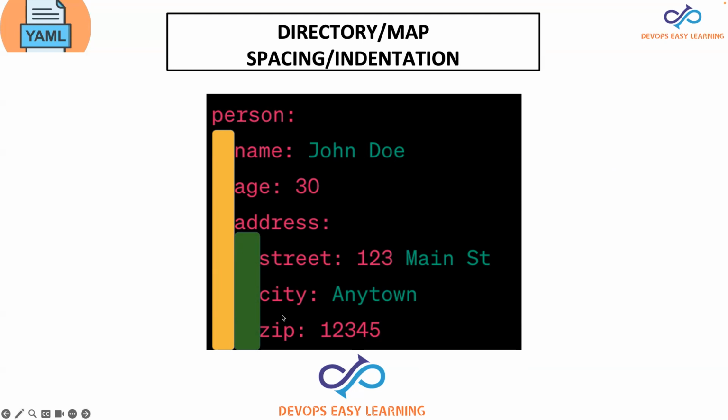So all this represents the person, but everything here where it's delimited by the green color represents the address. It does not represent name, does not represent age, but it represents the address, right? So we will say that everything here is under the person, but street, city, zip code is under the address itself.